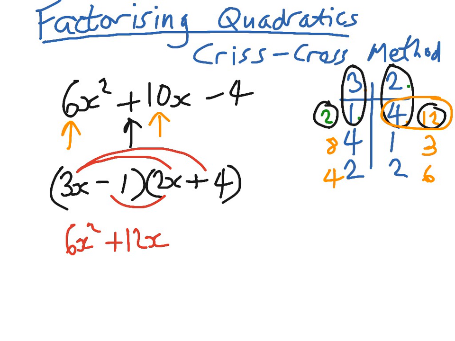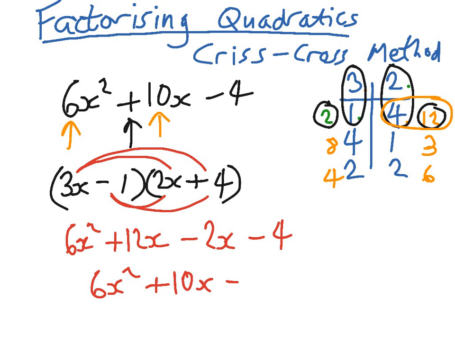Negative 1 multiplied by 2x is minus 2x. And negative 1 multiplied by 4 is minus 4. Collect together all the like terms, and you have 6x squared plus 10x minus 4. And that's what we started with, so those two brackets are exactly what is needed.